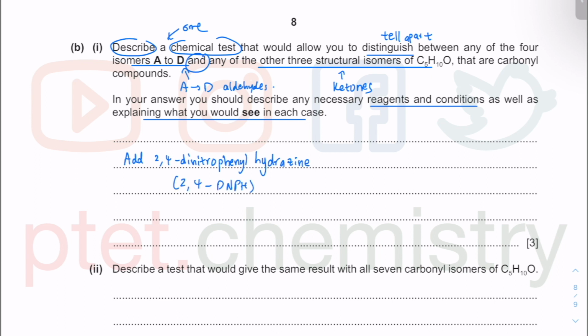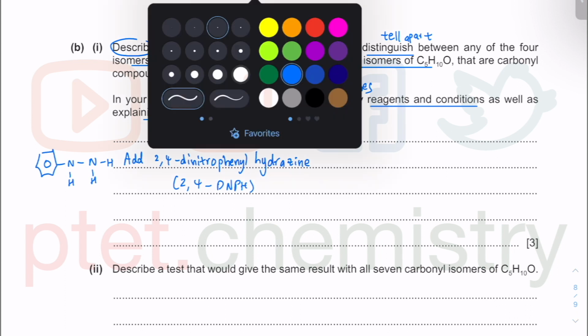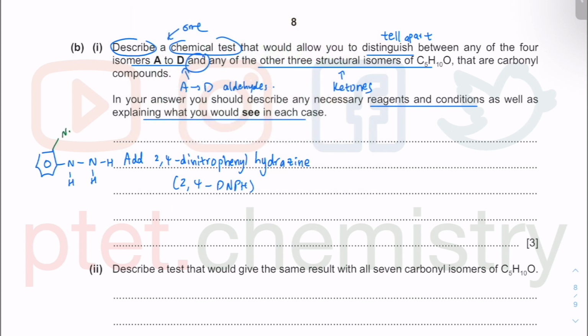But if you have done some A2 benzene chemistry, you know this is a phenyl, and then you have hydrazine. So hydrazine is basically NH2NH2, where you replace one of the H with a phenyl. And then you have a nitro, which is NO2, at position 2, as well as position 4. You get 2,4-DNPH.